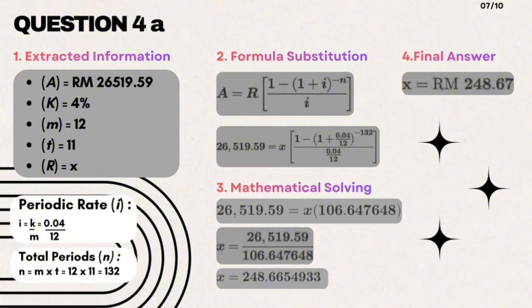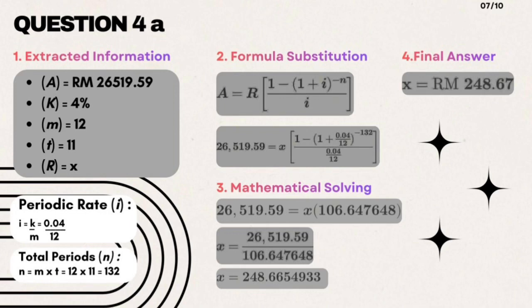The nominal annual interest rate, K, is 4% or 0.04. The compounding frequency, M, is 12 because the interest is compounded monthly. The term T is 11 years and the periodic payment R is what we need to find, which is assigned as X. From these values, we calculate our periodic rate I by dividing K by M, giving us 0.04 per 12.